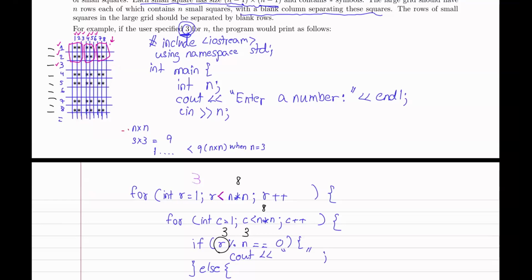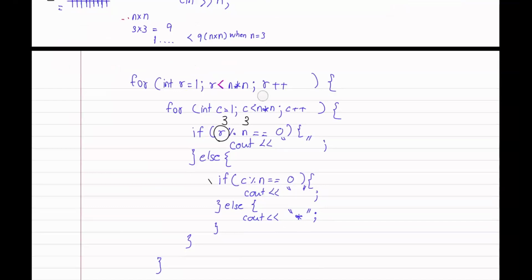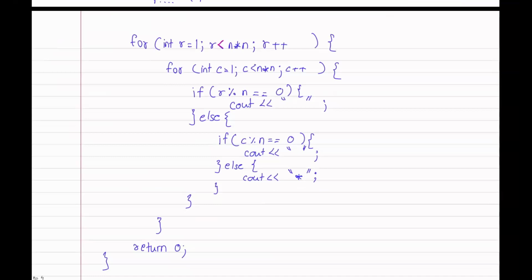Okay, great. Another thing: oh, I forgot one thing here. After the inner loop, I forgot that I need to go to the next line, cout endl.